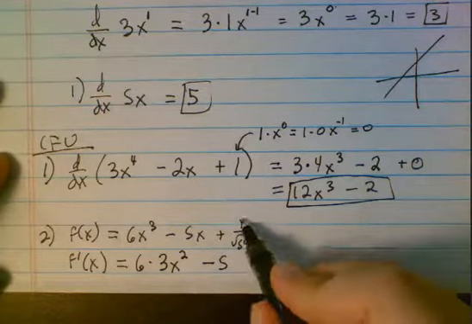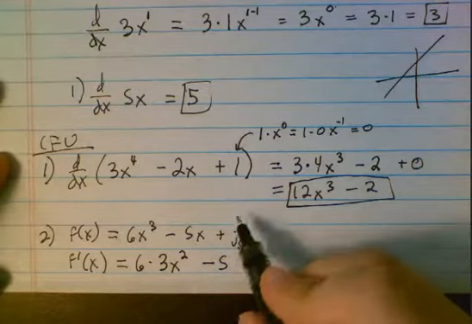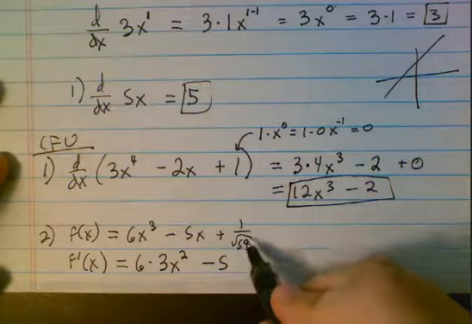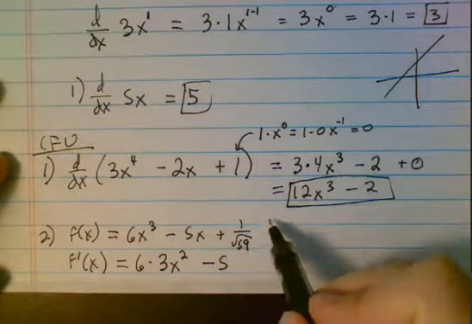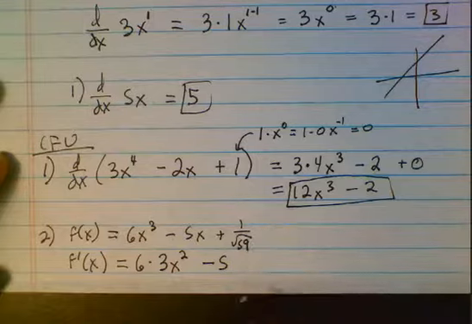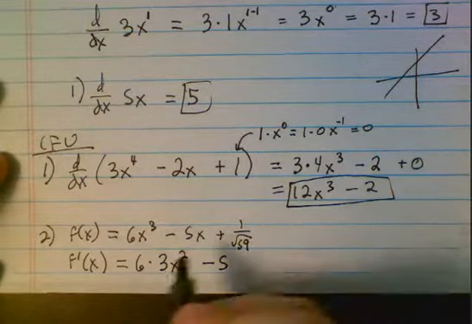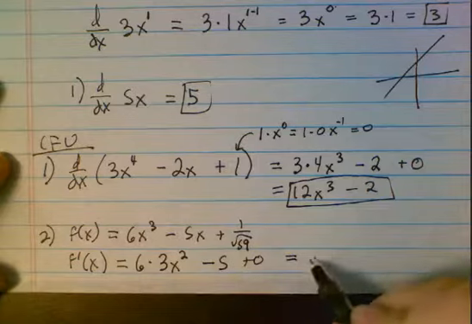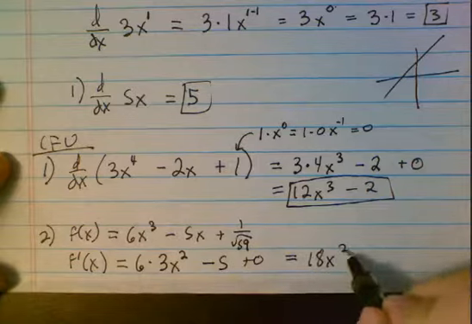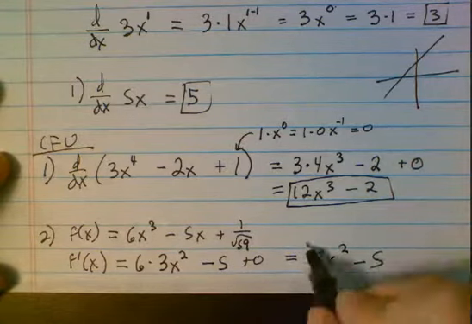This is 1 over square root of 59. It's just a constant, it's just a number. The derivative of a number is always 0, or we can think of this as x to the 0 power, bring down the 0, it becomes 0. In any case, when we simplify all this, we're going to get 18x squared minus 5.